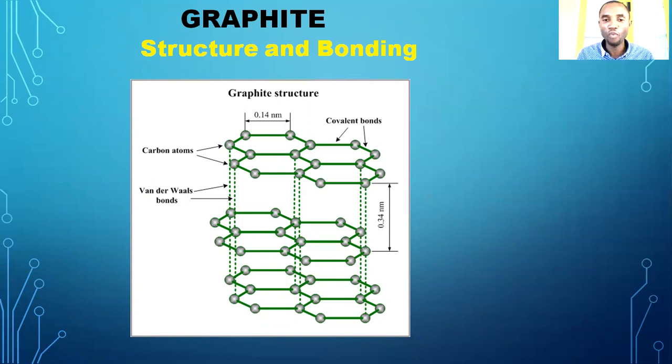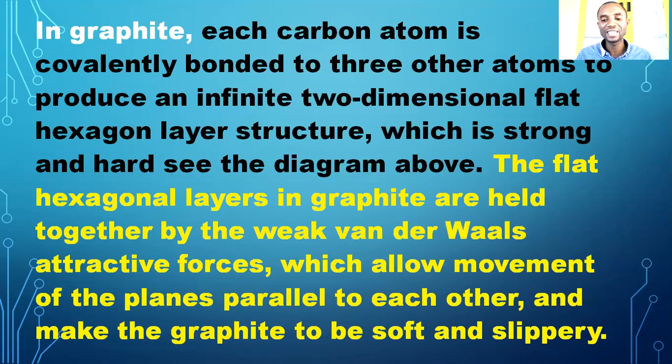We can see the covalent bond holding the carbon atoms, but because the force holding it is not as tight as that of the diamond, it makes it soft. It makes it slippery, and not as hard as the diamond, which is of advantage to graphite. The shape is hexagonal, while the other one is octahedral.